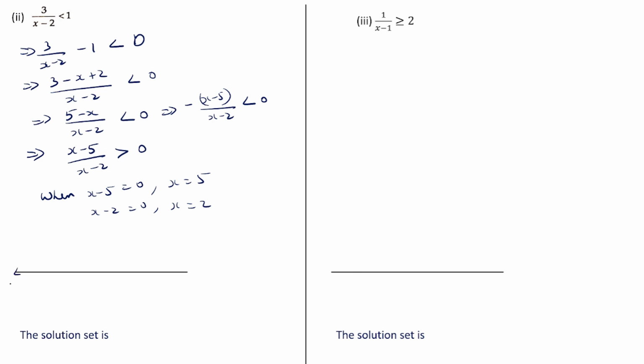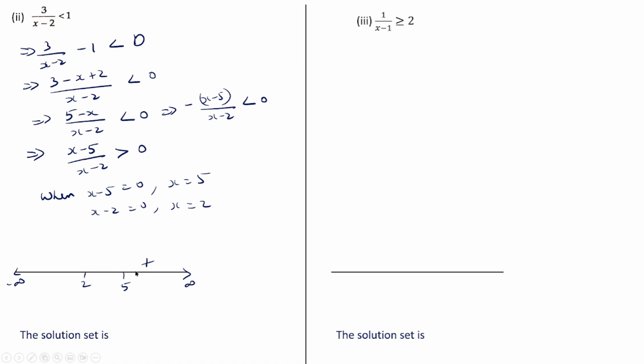So if we take this as the number line, we have minus infinity to 2, then 2 to 5, and then 5 to infinity. Again, starting from right, we will have the value of this function more than 0. So here from 5 to infinity, it is positive.